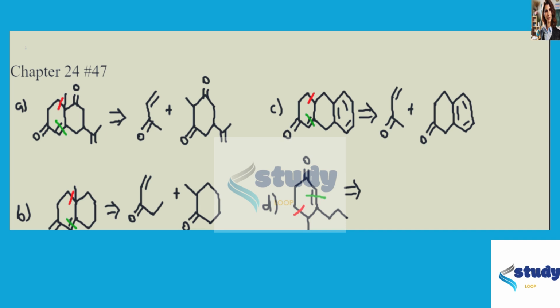Right. Okay. Yep. So there's our Michael acceptor starting material, and then the other starting material is going to look like this.